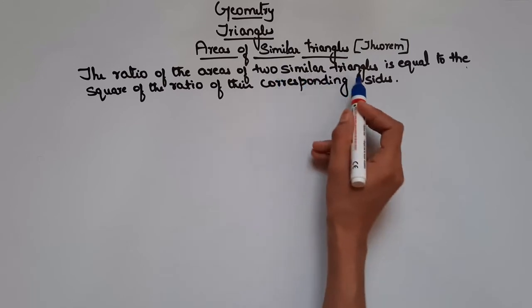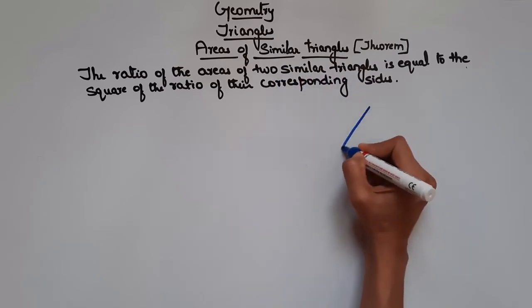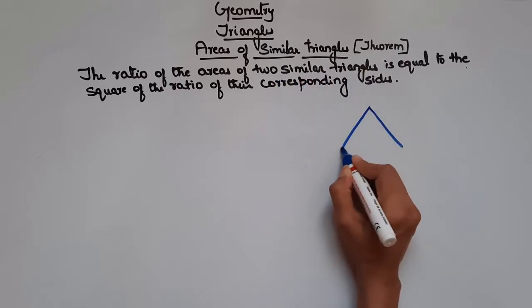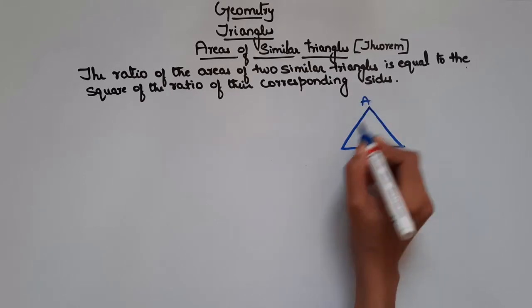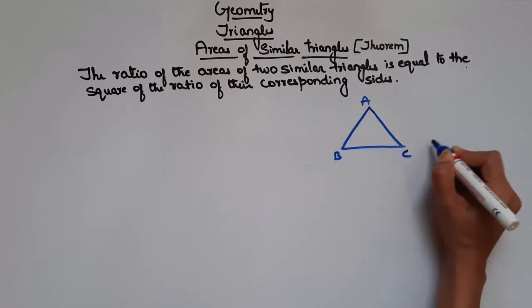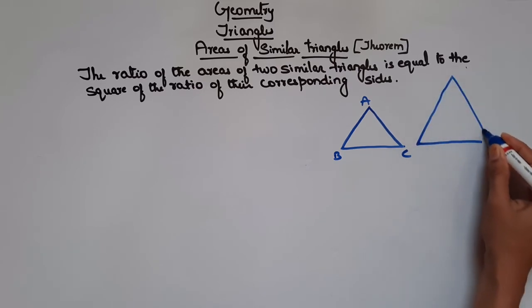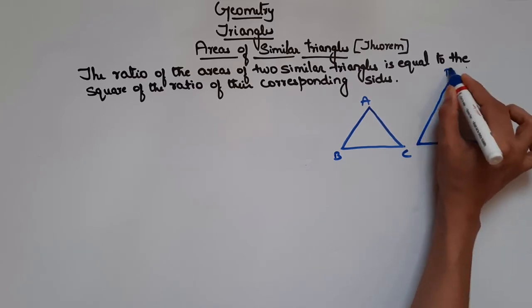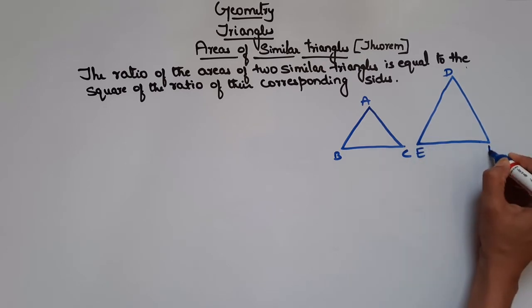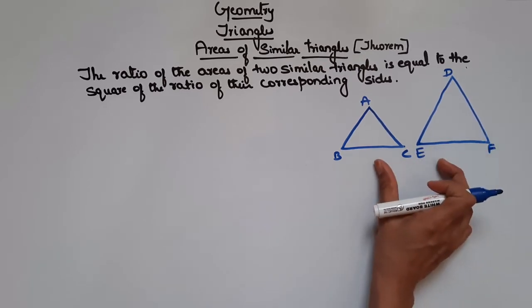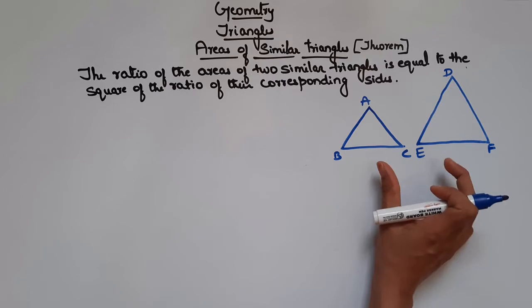We have 2 similar triangles. So first let's take 2 similar triangles. Let's say triangle ABC and triangle DEF. Let's say these 2 triangles are similar. It's already given.